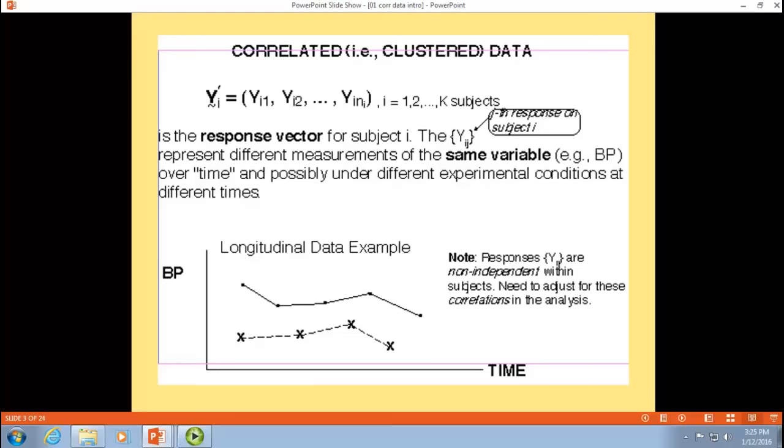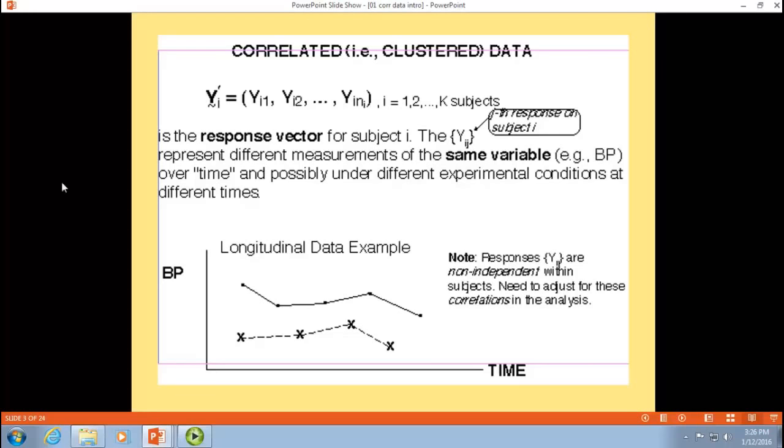Now, one thing you notice at the bottom of the screen here: I've got a picture of two situations of longitudinal data, where we're assuming that the cluster is a subject, so we've got two different subjects. What do you notice about this picture?